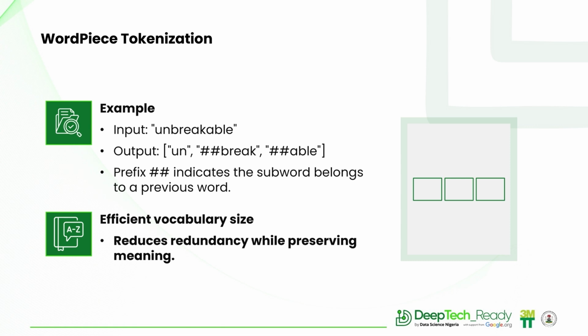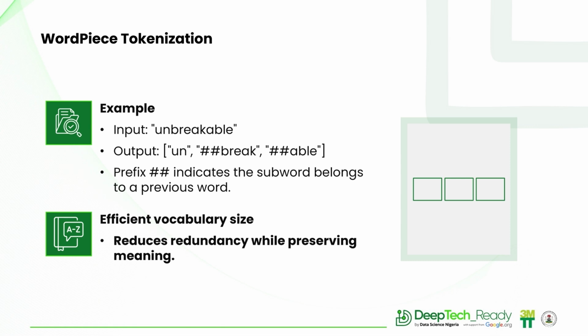So it means this break is part of this particular word. So we have un, break, and then it's also saying that this able is part of the previous word. Okay, so we have unbreakable. So the prefix indicates that the subwords belong to a previous word.